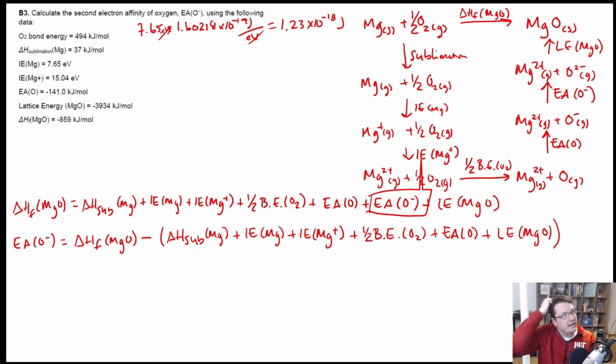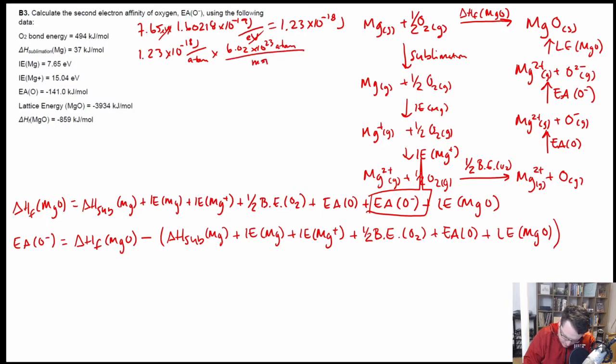Now we need to convert that into moles, right? Each one of those ionization energies is for an individual atom. And so if we want to convert it into moles, we just simply multiply by Avogadro's number. So we have 1.23 times 10 to the negative 18 joules per atom times 6.02 times 10 to the 23rd atoms per mole.